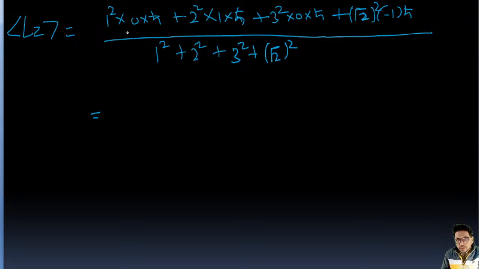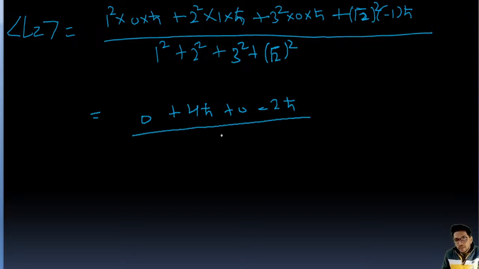So it is 0 plus 4 h cut, plus 0, minus 2 h cut, since the square of root 2 is 2, upon 1 plus 4 plus 9 plus 2, which is 16.